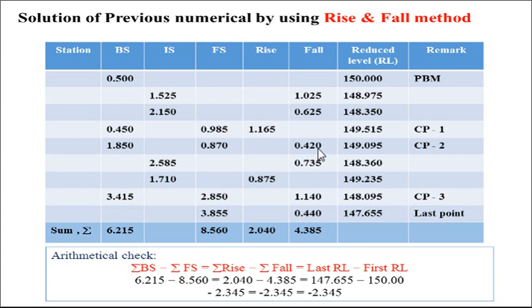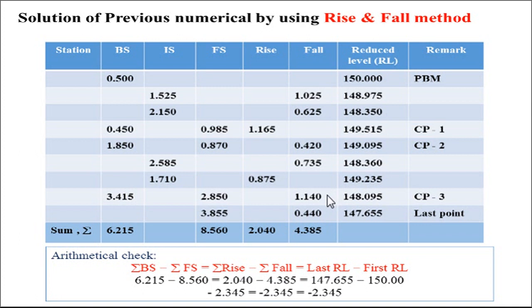Again there is a fall, so subtract this fall from this, and we will get the new reduced level. Again a fall is there, so subtract this fall from this, and we will get the reduced level for this point. Next a rise is there, so add the rise to this, and we will get 149.235.